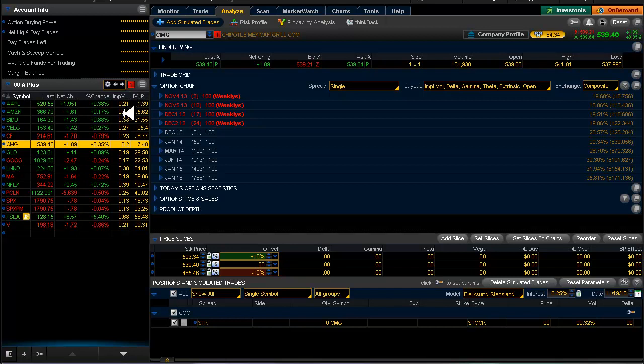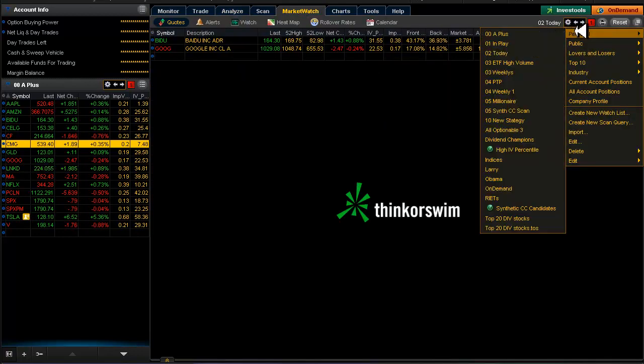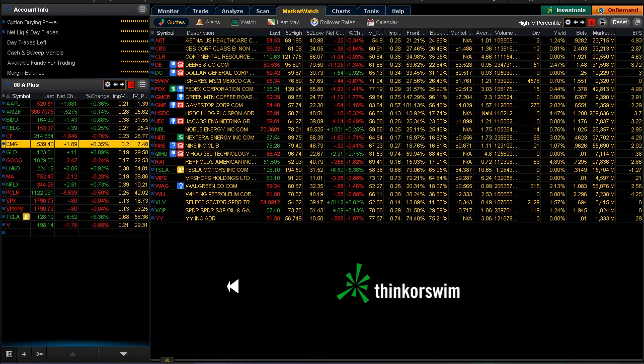Look at Apple at 1.39. Jeez, I haven't played Apple in a while either. Just kind of lost interest. And if you look at average true range of the price, when you go over here to the Market Watch tab, and you pull this up, and you pull this high IV percentile list, and average true range, Apple's not up there.